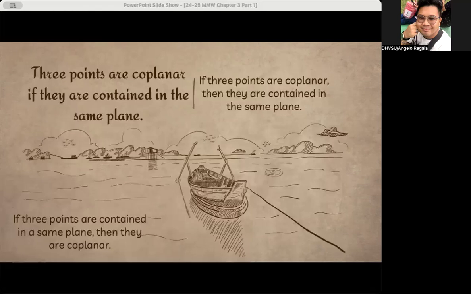So kapag biconditional statements naman po, a biconditional statement is a statement that combines a conditional and its converse with the phrase if and only if.